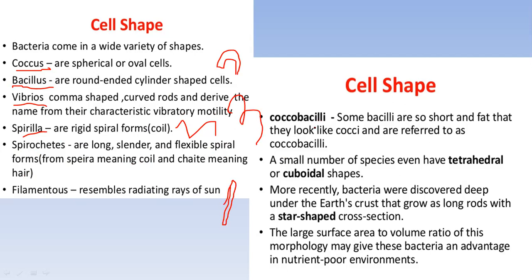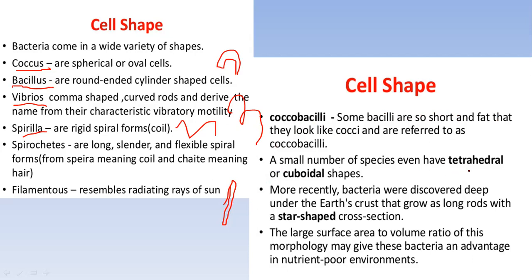Coccobacilli fall between the two categories, coccus and bacillus, shown in the same category. They are so short that they don't make a coccus or a bacillus structure, so they are collectively called coccobacillus.